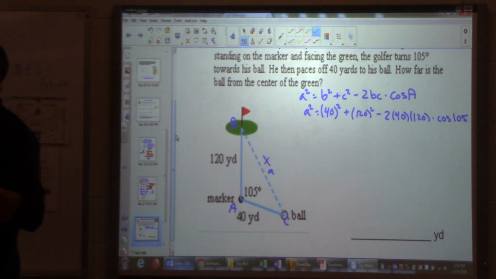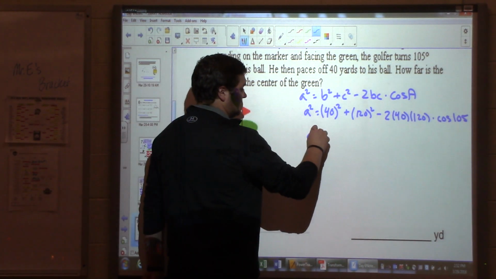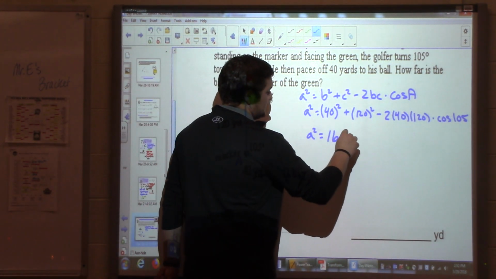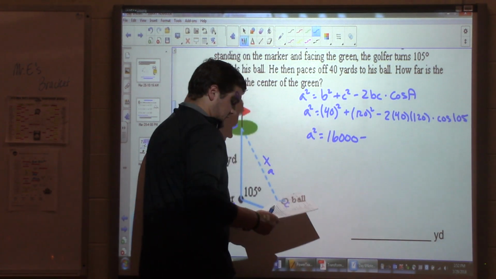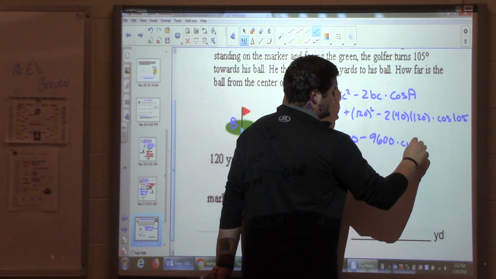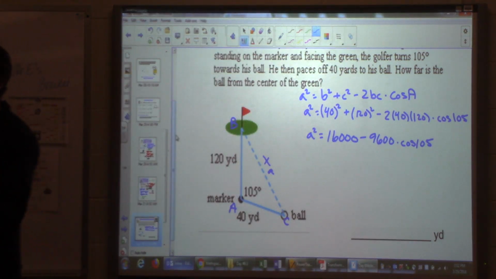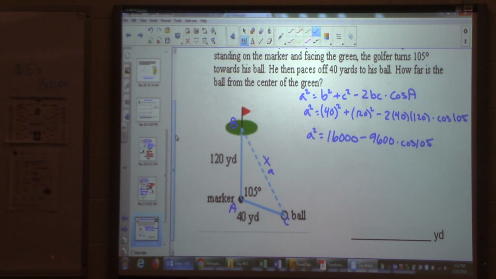Once again, take it step by step, or put it all in your calculator right away. So A squared equals 16,000 minus 9,600 times cosine of 105. Alright, we should all get that when we simplify it. Then plug that in your calculator.